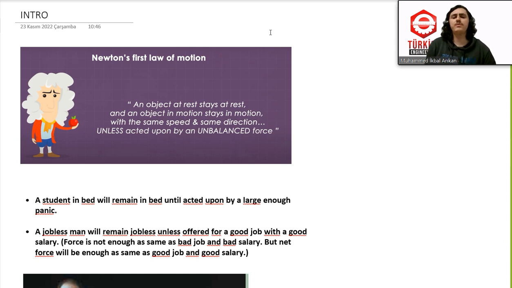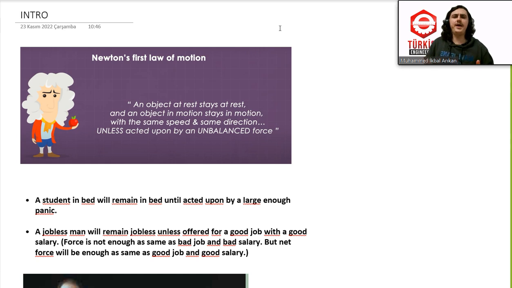The first law is explaining inertia. So it is the law of inertia. Any object, if it's at rest, will remain at rest, and if it's moving with a constant velocity or uniform motion, it will remain in this uniform motion.